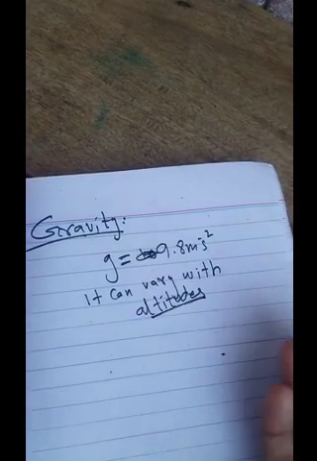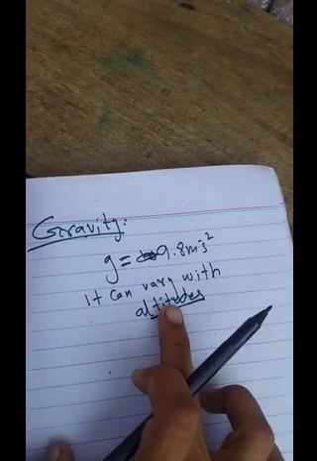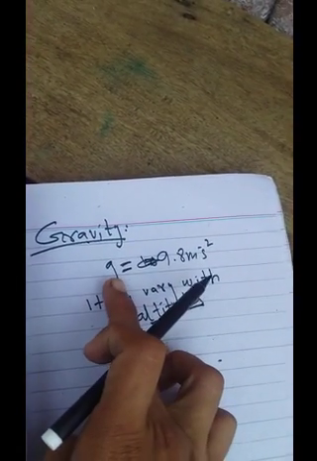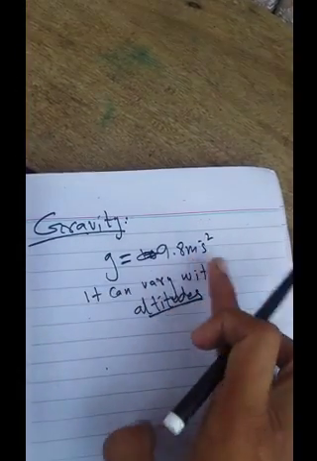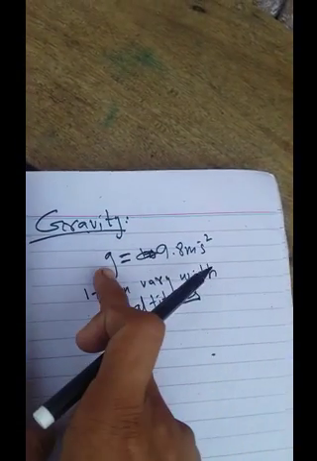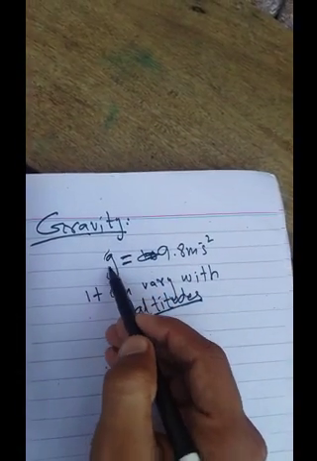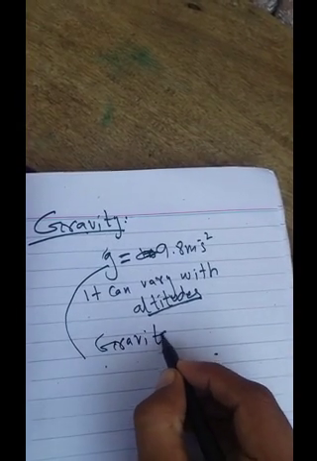As altitude increases, the value of g will decrease. As altitude decreases, the value of g will increase, because it is the gravitational pull of Earth. g is also called the gravitational pull of Earth.